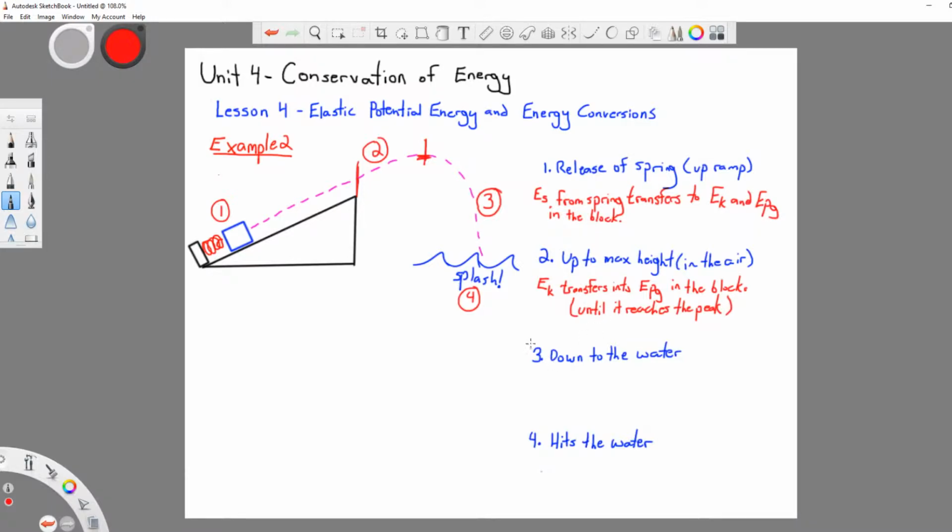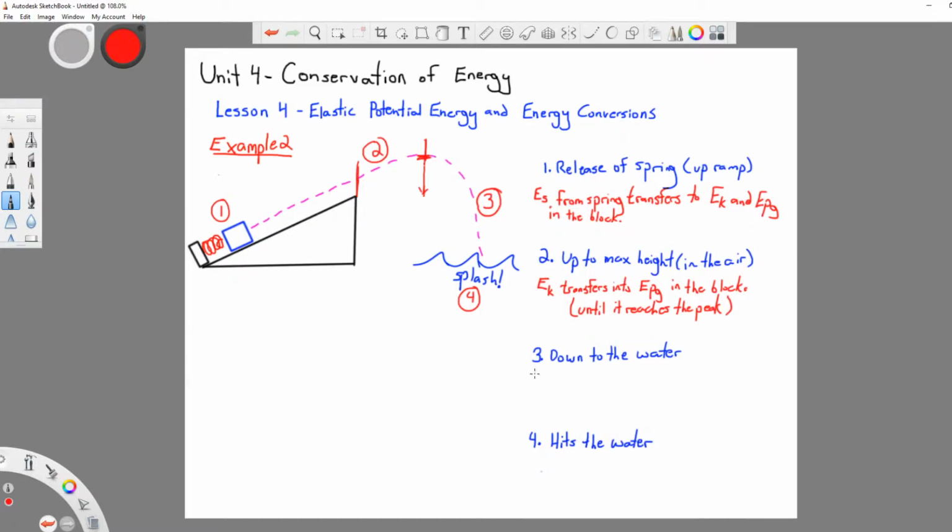Number 2. So then finally, number 3 here, not finally, but almost finally, this block is going to start plummeting down towards the water. So step 3, we're going to have some more potential to kinetic energy transformations. And really what's going to happen is at the peak, in the y direction anyways, this block is entirely potential energy in the y direction. So it's going to start falling again, and as it falls, it is going to convert its energy back into kinetic energy, or energy having to do with motion.